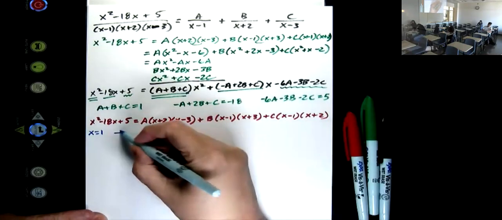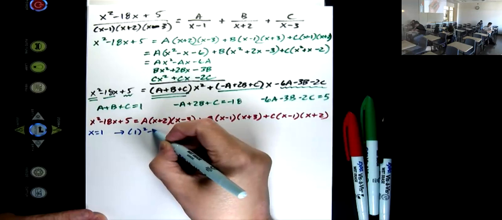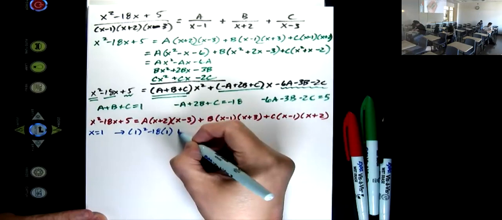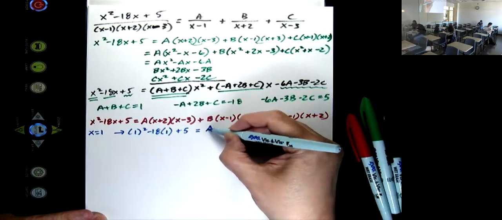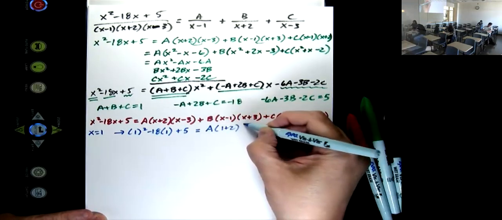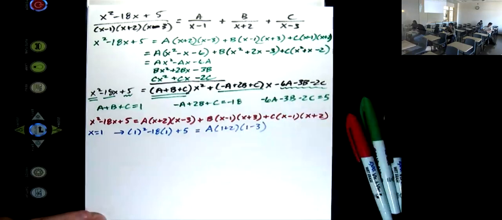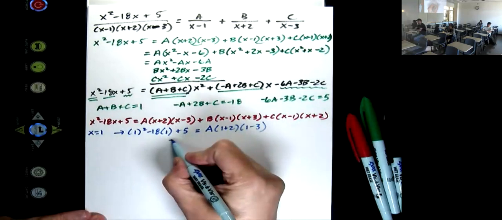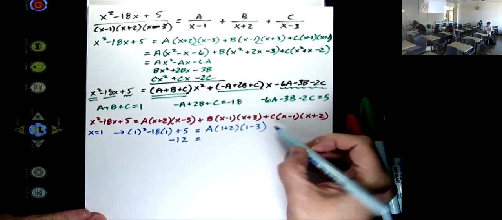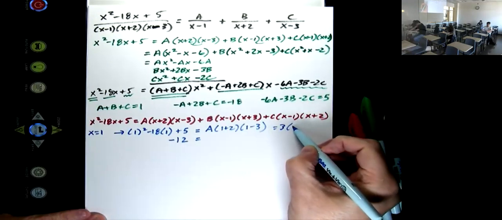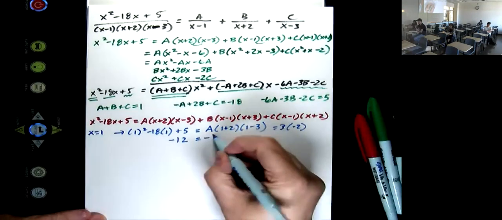The left side is 1 squared minus 18 times 1 plus 5 equals A times 1 plus 2 and 1 minus 3. I get negative 12 equals, 1 plus 2 is 3 and 1 minus 3 is negative 2, negative 6a on the right.